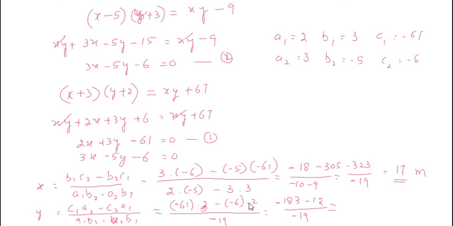So it is minus 183 plus 12, so minus 171 divided by minus 19. Tens are 19 nines, so this is plus 9. So 9 meters is the breadth of the rectangle.